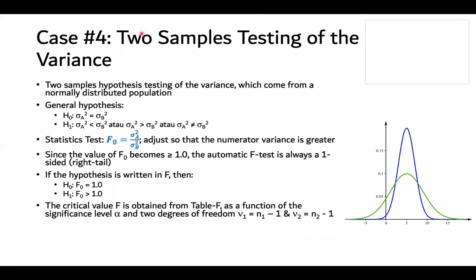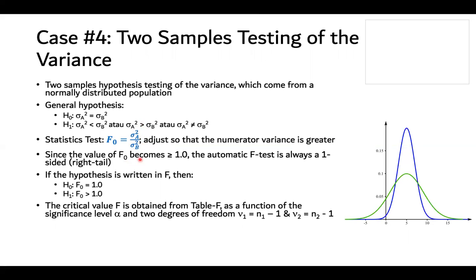Okay, case number 4. Now we're talking about 2 samples, again variance. In the 2-sample testing of the variance, we're going to use the F test. In the F test, we compare two variances, A and B, where A should be the larger number compared to the denominator.